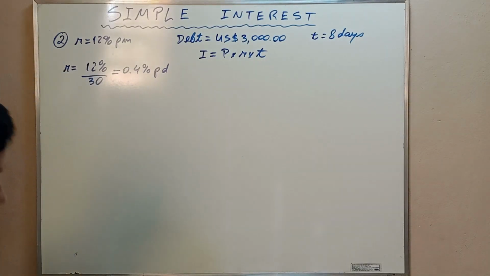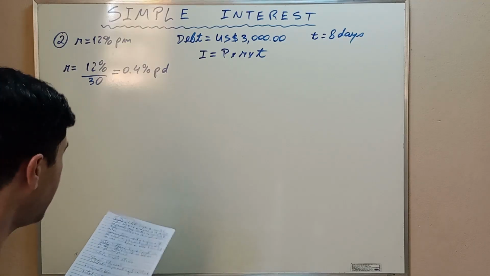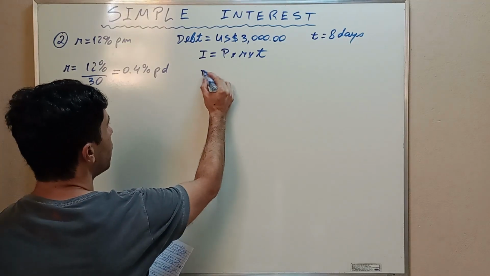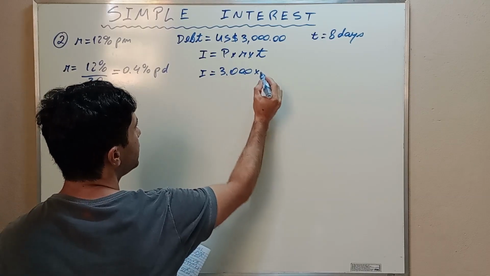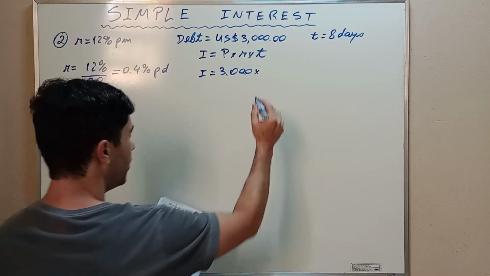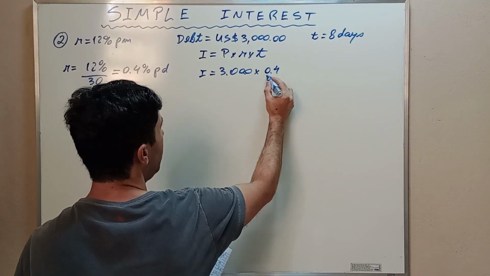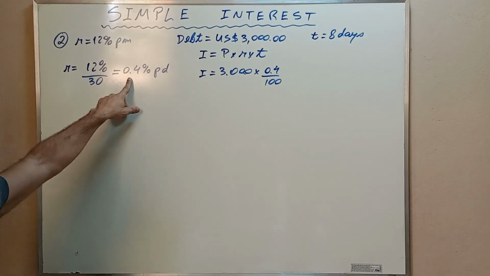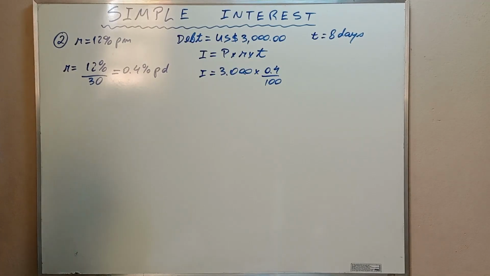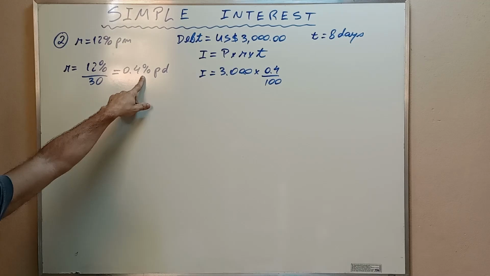We have everything now to calculate the interest, and the interest is going to be, interest is equal to $3,000 times the rate, which is 0.4%, okay? Because we don't use in the expression 0.4% in this way.